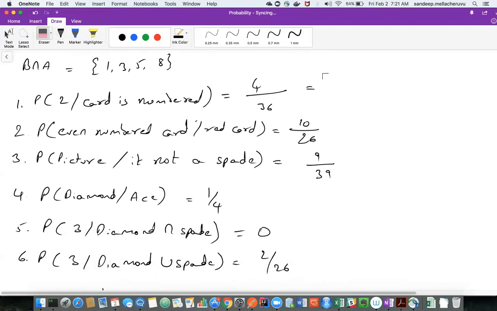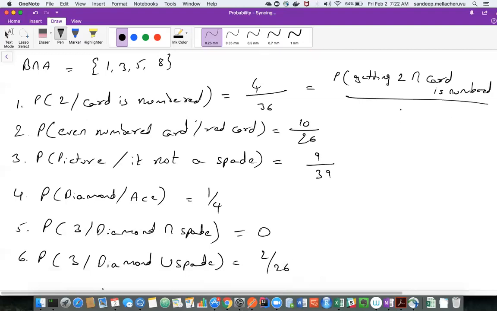So I can use the formula. How do I use it? Probability of getting a 2 and, intersection, both are the same, and the card is numbered, divided by the probability that the denominator will contain the condition.